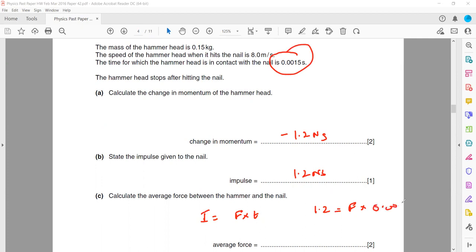So 1.2 divided by 0.0015 will give us the force. When we substitute the values, we get the force exerted on the nail, which equals 800 Newton.